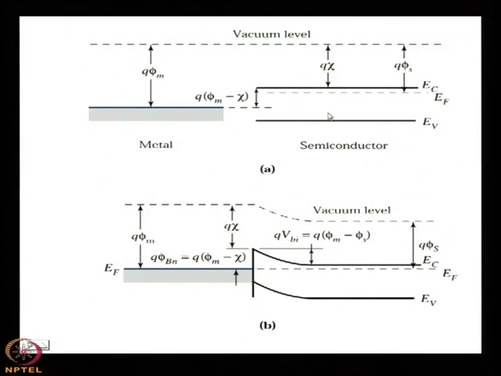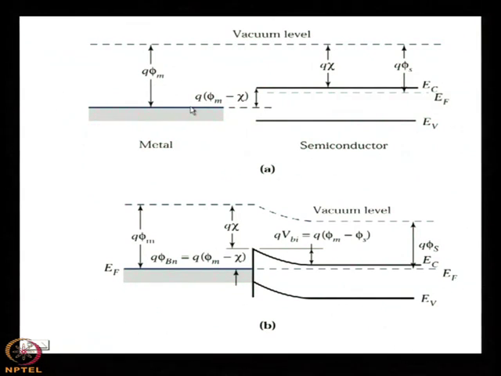So, if you compare with the metal surface, there are many more electrons in the conduction band compared to the metal surface, because it is at a higher energy. Since the electrons here are at higher energy, they will come down to the metal side. Why?